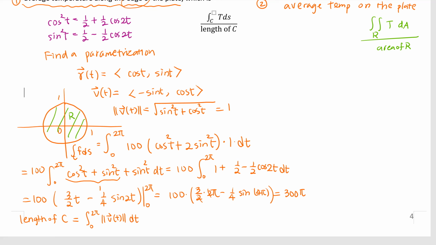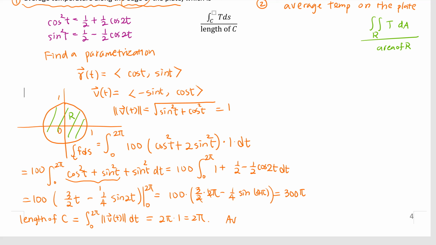We talked about that in Calculus II, chapter 10. But here, because we know this is a circle, we don't need to integrate it. What is the circumference of the circle? Well, that's 2 pi r, right? But r is 1, so it is 2 pi.